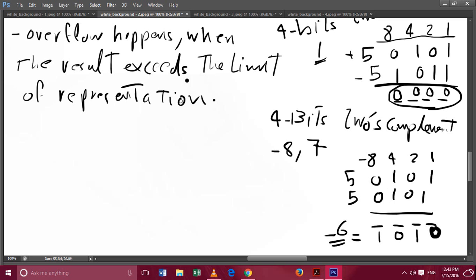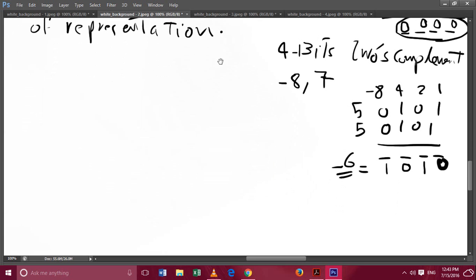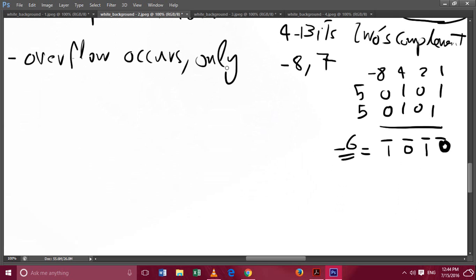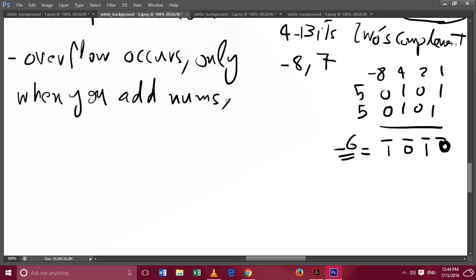As a rule of thumb, let's write this down before we forget it. Overflow occurs or happens only when you add numbers with the same sign.